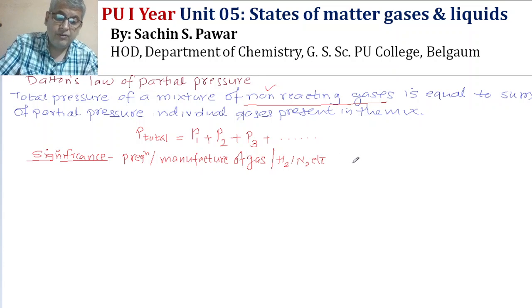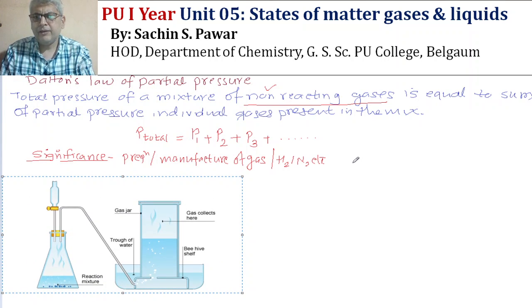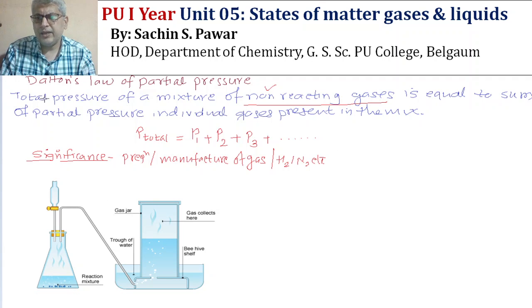The preparation is done usually in this format. Here in the container, some reacting mixture is heated, and the reaction gives some gas particles. These gas particles, being light in weight, bubble out, and they are made to bubble out through this tube, and they are collected in a gas jar which is inverted over a container containing water.